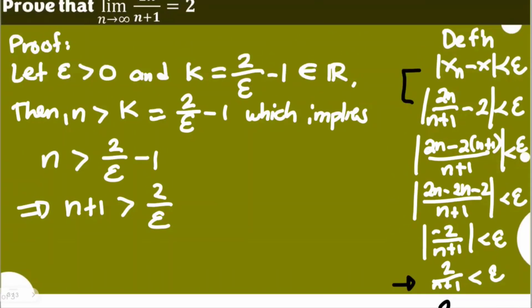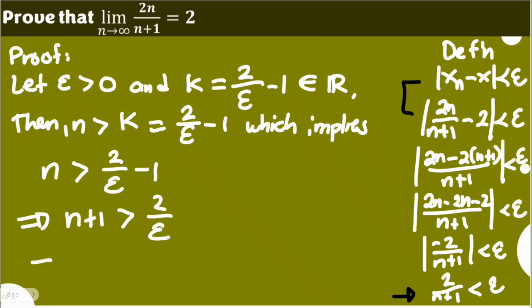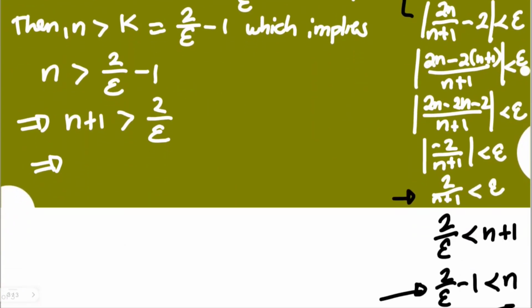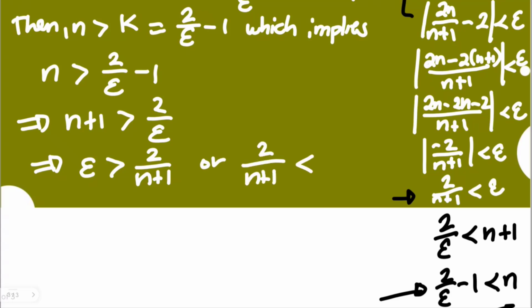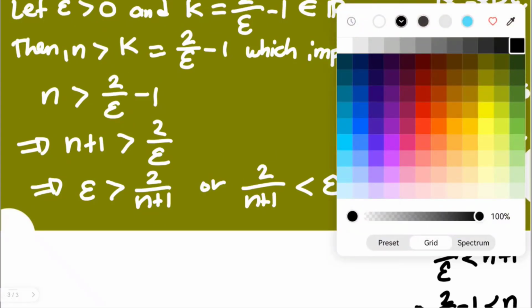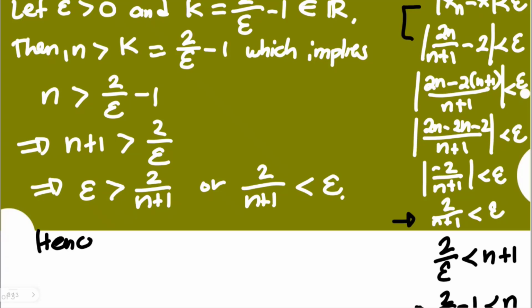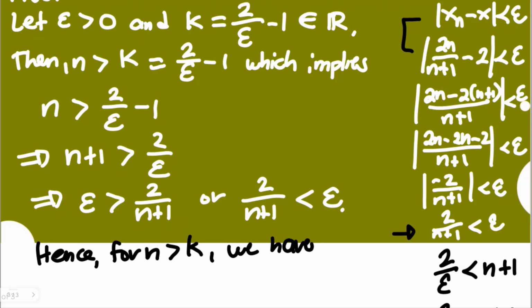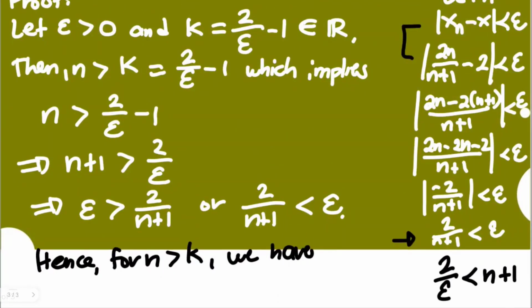So after this, by multiplying both sides by epsilon over n plus 1, you will have epsilon is greater than 2 over n plus 1. Or you could say that 2 over n plus 1 is less than epsilon. Now that we reach this, let me change my color to black. Hence, for n greater than k, we will be using this expression here.